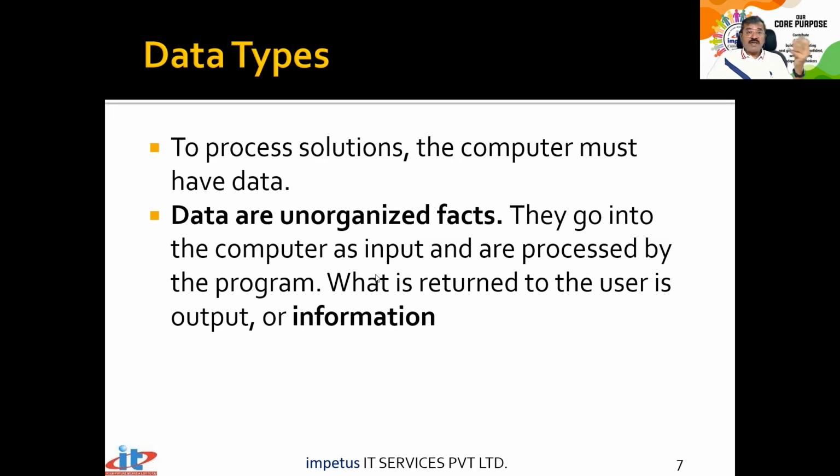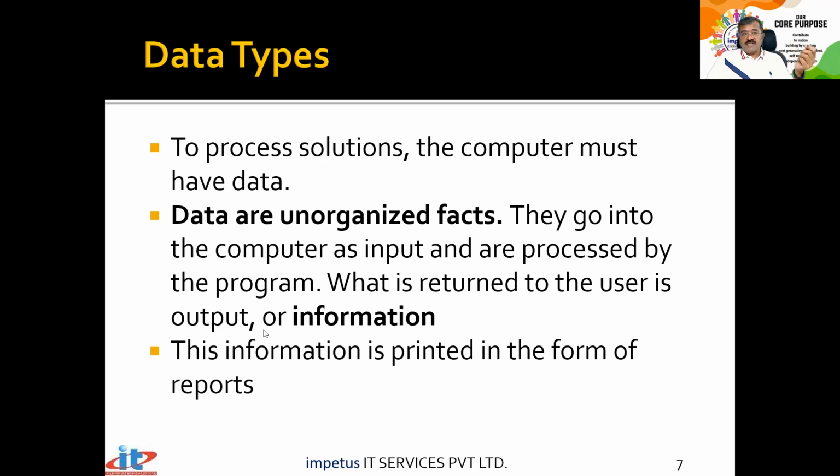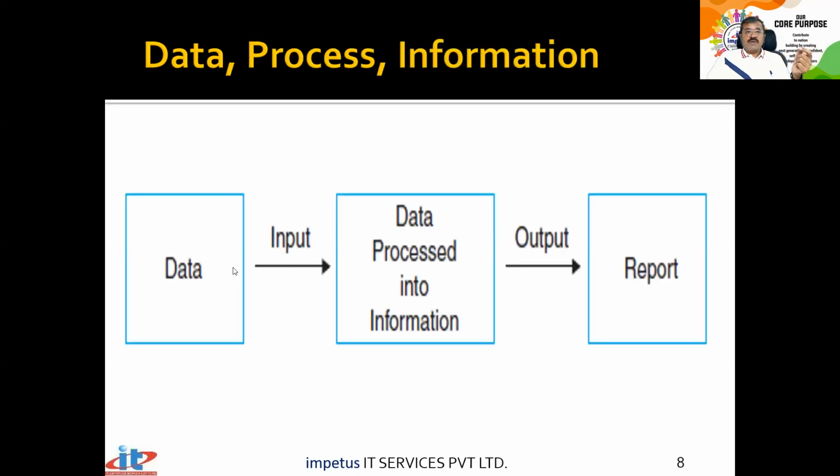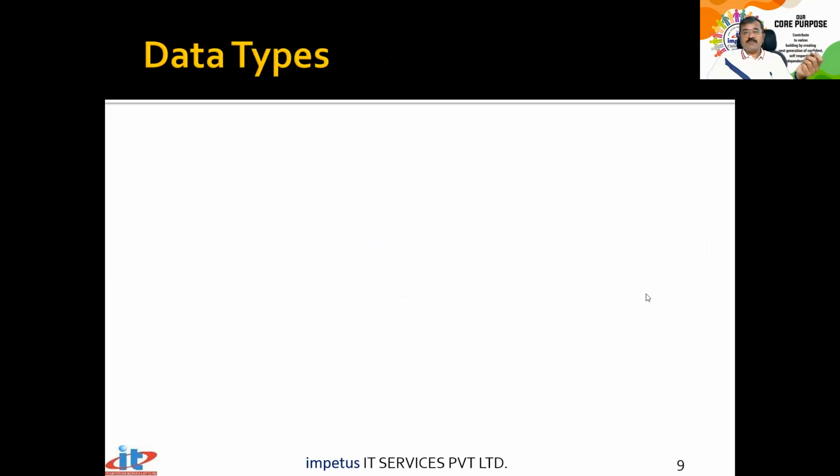The program carries out that manipulation, and what it returns to the user is output or information. This information is presented in the form of reports or sent as a message, whatever the case may be. So data is the input to the process, the process carries out a transformation on it, and what it generates is a report, and that's the output that we have got.